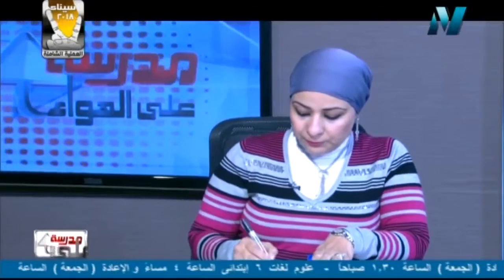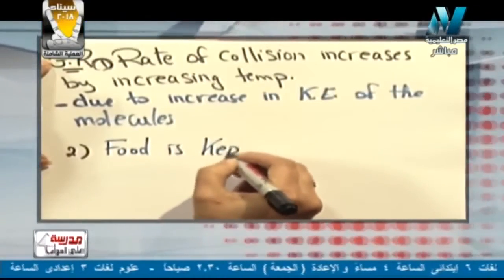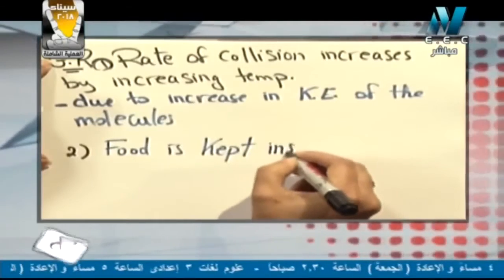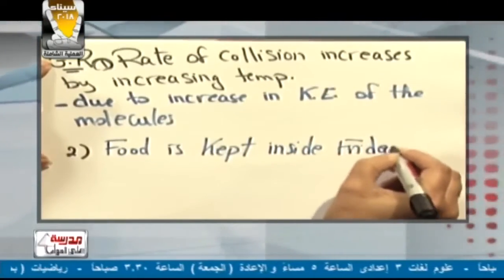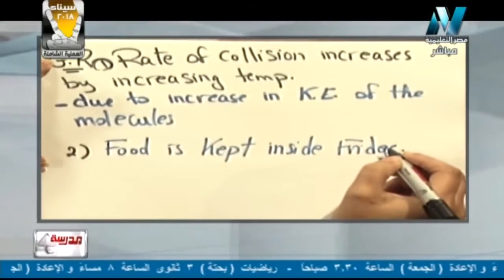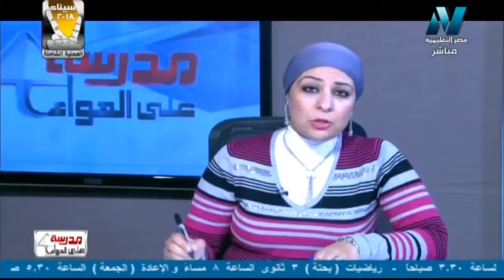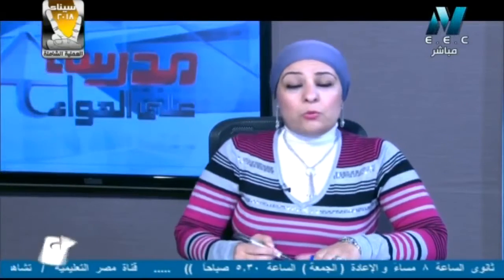The second question, food is kept inside the fridge. Or the food is rotten if it's not kept inside the fridge or the freezer. What makes the food spoiled is the action of bacteria.